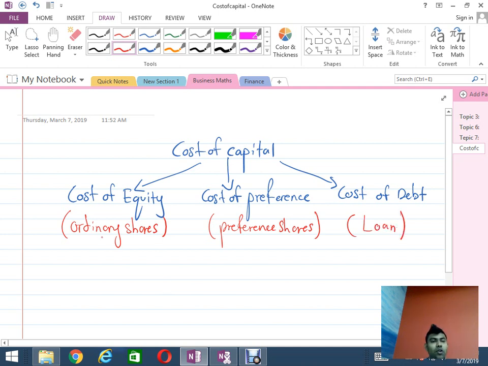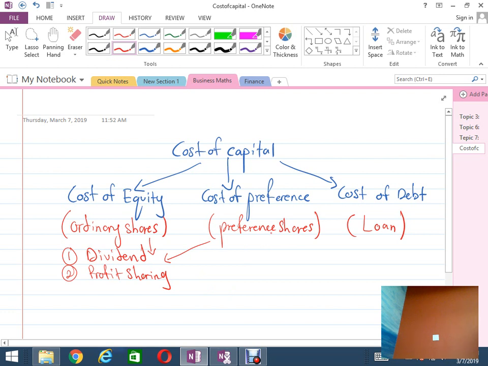Now when you sell shares to shareholders, you need to pay what, guys? You need to pay dividend, right? Number one, you need to pay dividend. Am I right? Number two, you need to give profit sharing, correct? Same goes to preference share also, same goes to ordinary shares. So both are shares. Now, what happens when you sell shares?